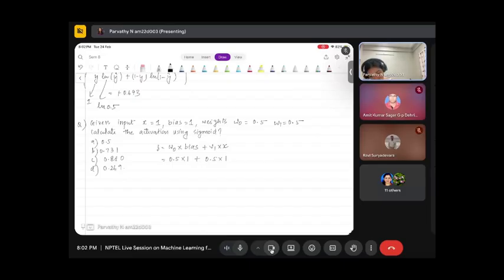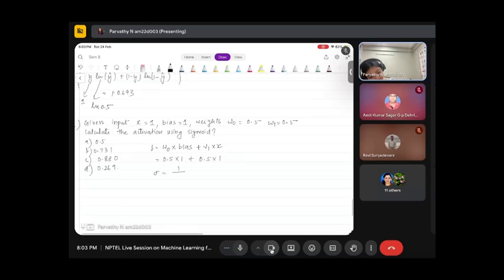So the answer is 0.731. Then you have to find sigmoid of this value. It is 1 by 1 plus e raised to, no, there is something doing.